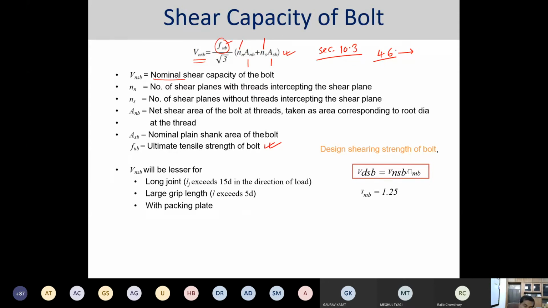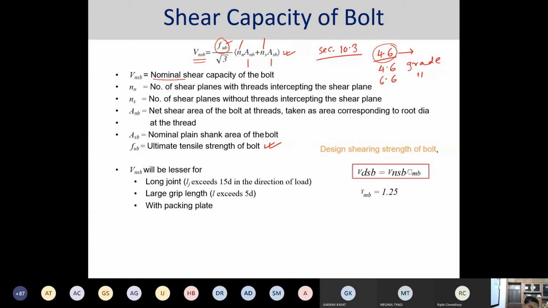Before that, you have to identify whether it is a 4.6 grade bolt or a 6.6 grade bolt, because depending on the grade of the bolt, your ultimate tensile strength will vary, even though all are made of steel.